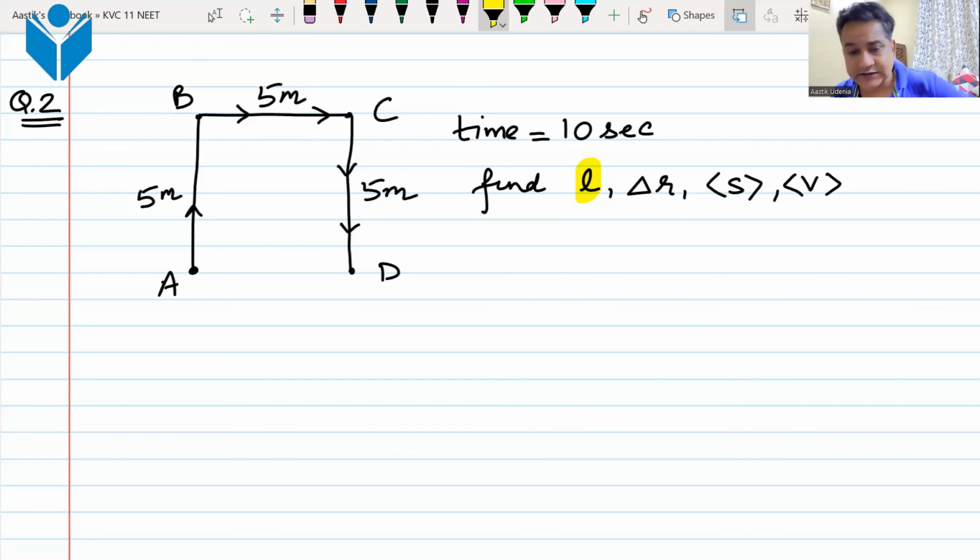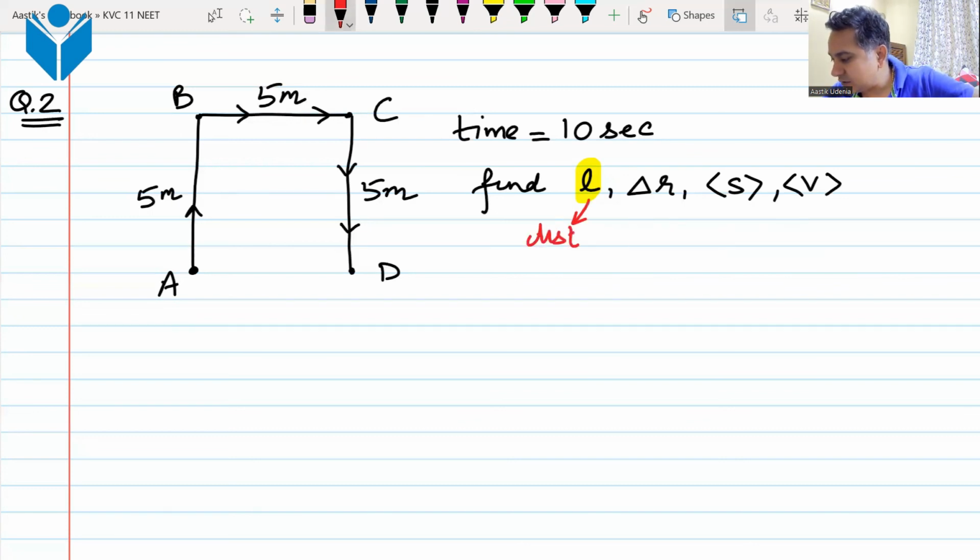Please say yes or no at least. That we don't know, sir, what is L. You don't know what is L? L is the distance, beta. L is the length of the path, which is your distance traveled.